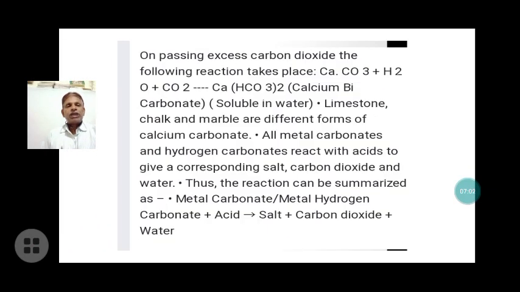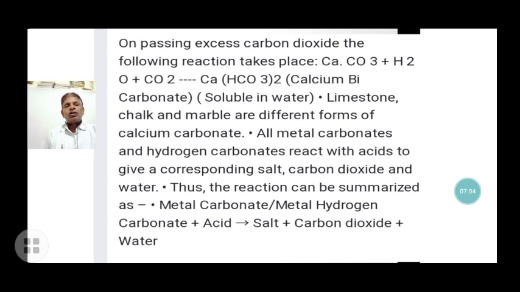Now in this activity we conclude that on passing excess carbon dioxide, the following reaction occurs: calcium carbonate plus H2O plus carbon dioxide gives calcium bicarbonate, which is soluble in water. In this reaction the milky solution becomes clear again, as given in the previous slide.